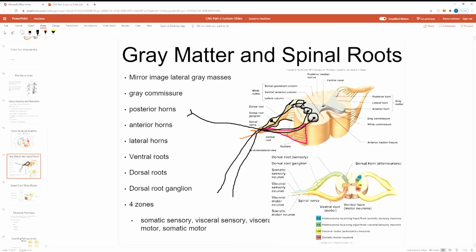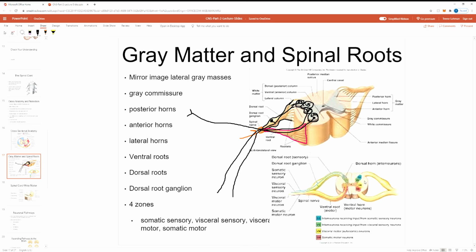Right behind that, near the autonomic motor, the visceral motor, is visceral sensory. Okay, so there's actually four zones. Visceral sensory, somatosensory, somatomotor, and visceral motor. Kind of tough.